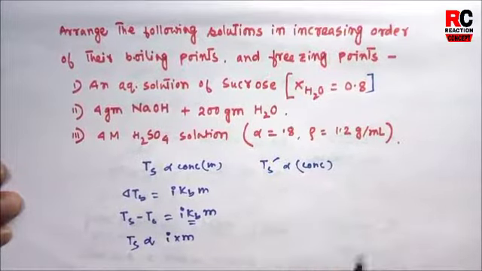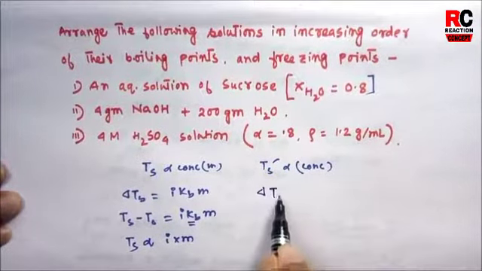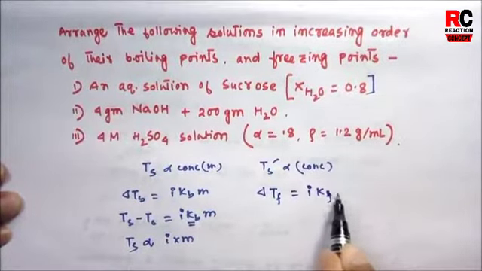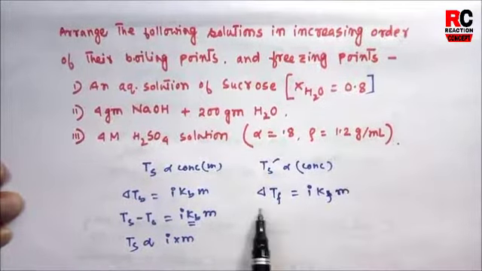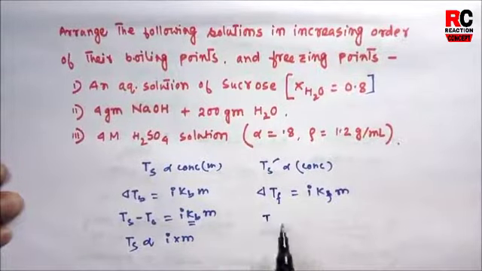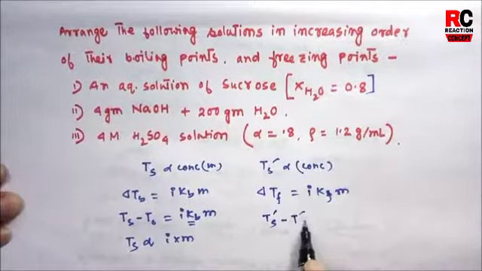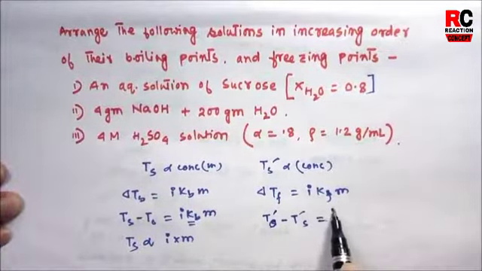Similarly, in case of depression of freezing point, ΔTf, we have Kf into m. ΔTf is given by the freezing point of the pure solvent minus the freezing point of the solution.